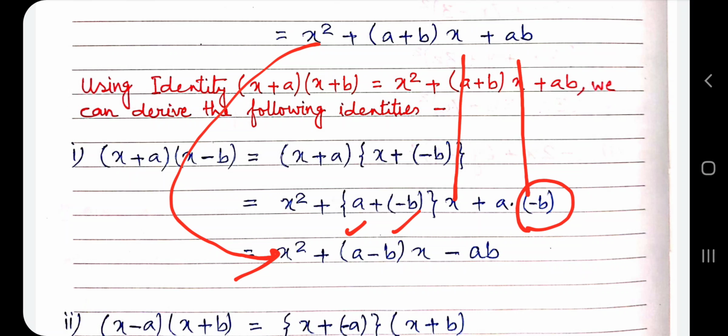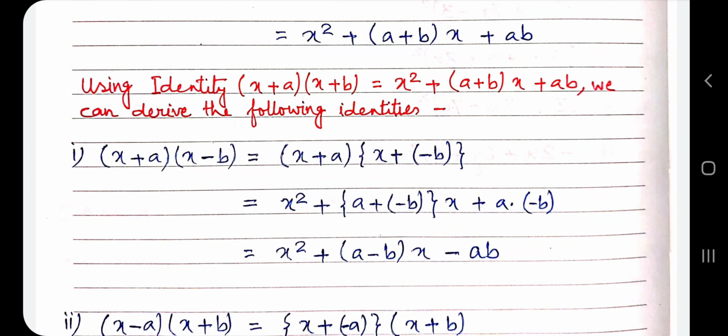Now this part is simplified: a plus within bracket minus b, so plus minus is minus, so finally we get a minus b. So x square plus a minus b into x, then plus a into minus b is equal to minus ab.